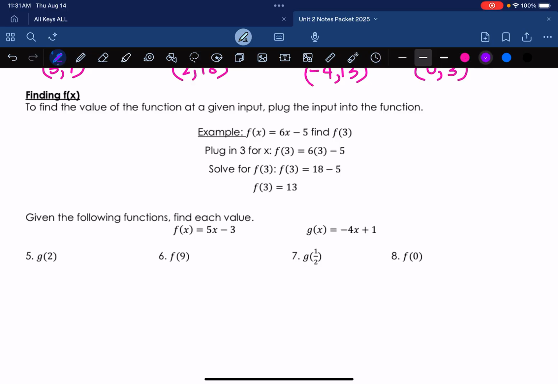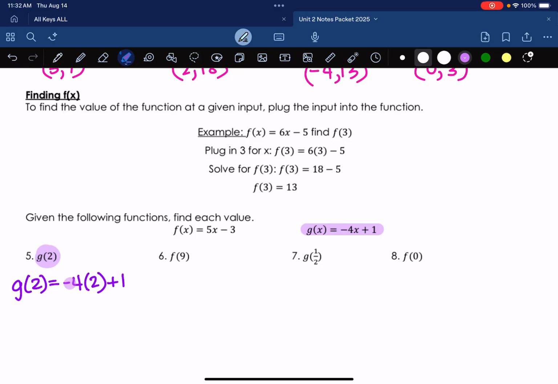So if you notice, I am talking about function g for this one. You have an example up there, but I need to be looking at function g. And what I'm doing for function g is it's telling me to find g of 2. So in function g, which is 4x plus 1, instead of x, I am going to input a 2.